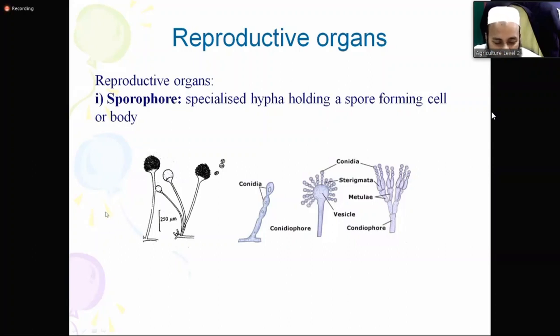The sac-like structure is called sporangium, so we call them sporangiospore, and these are called conidia. Simply we call them spore, all are actually spore.